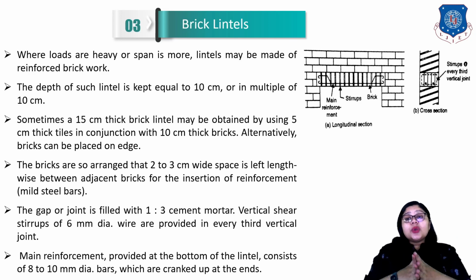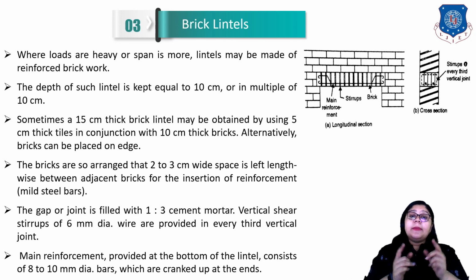Bricks are arranged so that a 2 to 3 centimeter wide space is left lengthwise between the adjacent bricks for the insertion of the reinforcement. It means the mild steel bars. The gap or the joint is filled with 1 to 3 cement mortar, where vertical shear stirrups of 6 mm diameter wire are provided in every third vertical joint as shown in this figure.